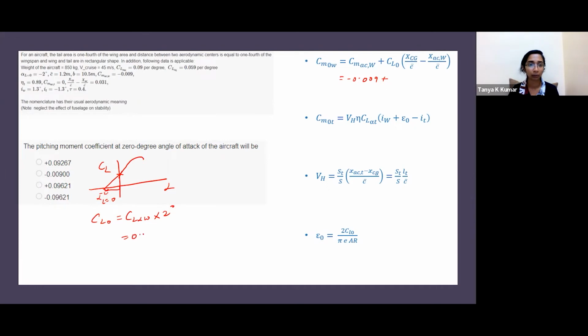CL alpha wing is 0.09 into 2 degrees, which is 0.18. So this is 0.18, and X bar CG minus X bar AC, is it given? Yes, it's given. It's 0.031. What is this value? Can you calculate and tell me?